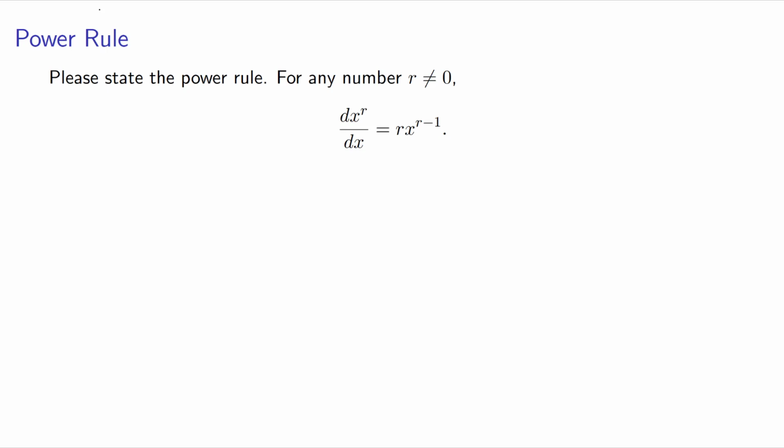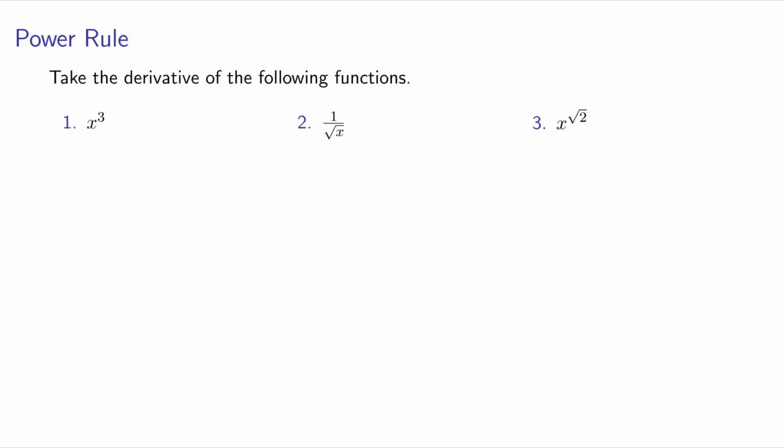So now let's practice this rule. Take the derivative of the following functions. Pause the video now. Here in this first problem, r is 3 and we need to take the derivative of x cubed with respect to x. This is 3x squared. Here in this next problem, what is r? Well, we can rewrite 1 over the square root of x as x to the negative 1/2 power.